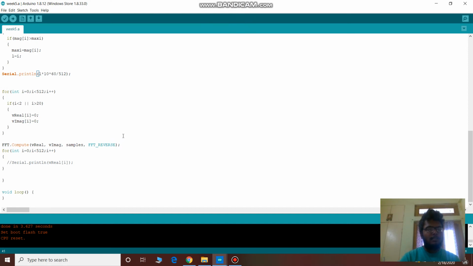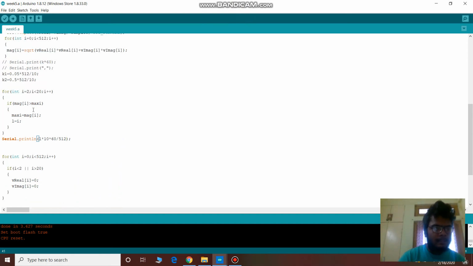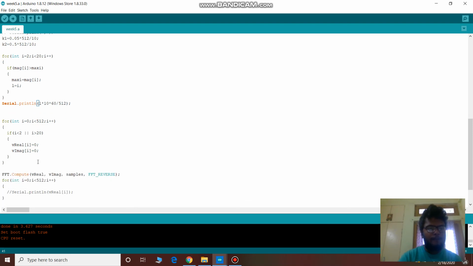Okay, now moving on, we should plot the respiration signal. To plot the respiration signal, we have already found the window from k1 to k2. Except for k1 to k2, we'll make all other values zeros, and we calculate the inverse fast Fourier transform of this window. So for int i equal to 0 to i less than 512, if i is less than 2 or i is greater than 20, that is k1 and k2, we'll make those values zeros.